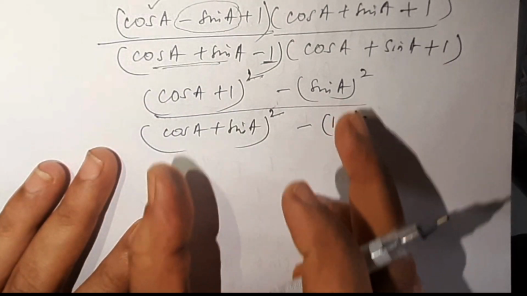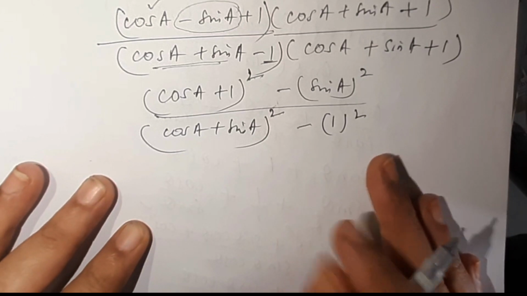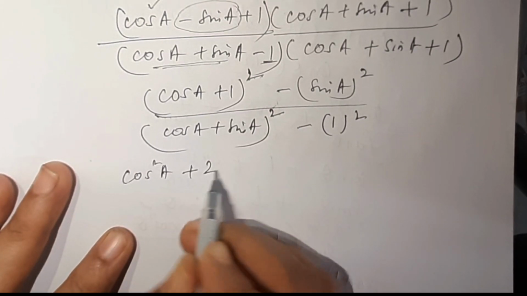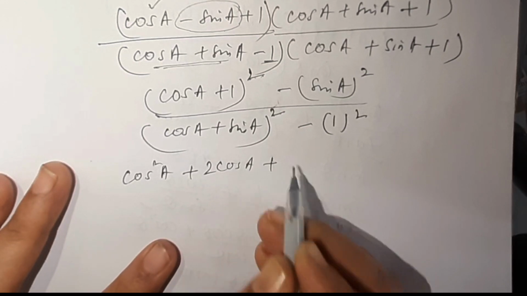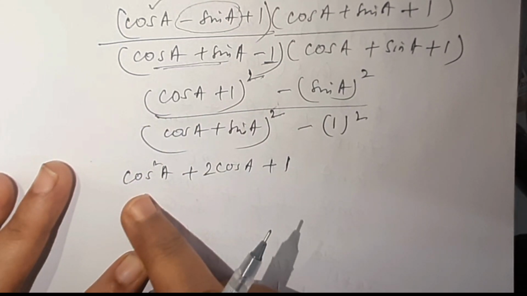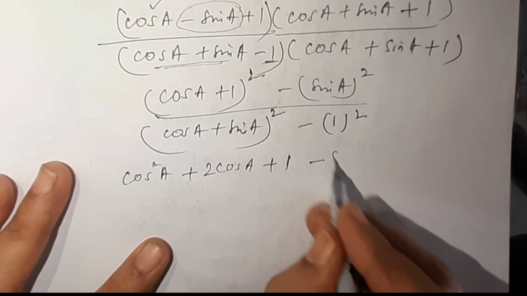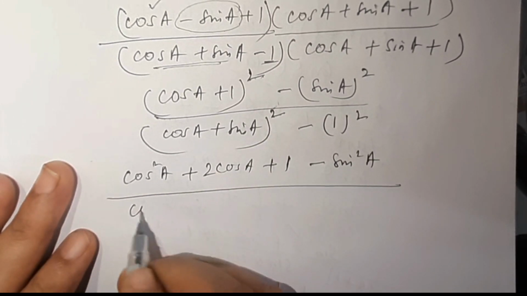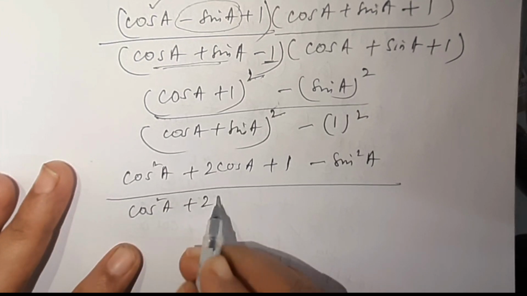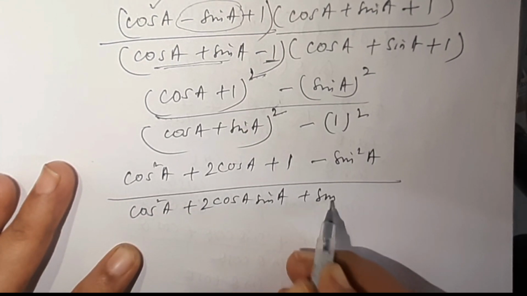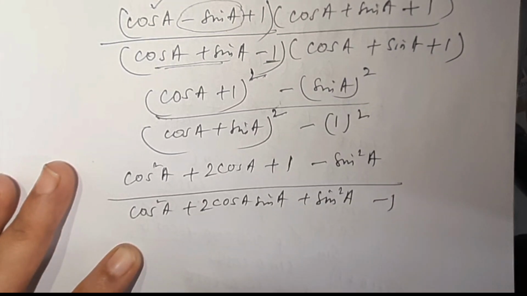Now after completing this, just to expand it again, so it's cos square a plus 2 cos a plus 1. I made the identity (a plus b) whole square, a square plus 2ab plus b square, minus sin square a, and again here also a square plus 2ab plus b square, minus 1.